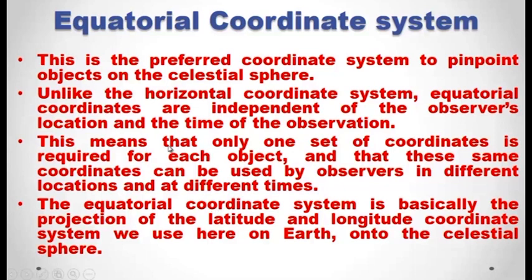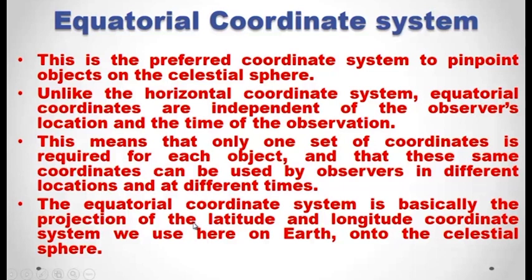It's a sphere with infinite radius. Unlike the horizontal coordinate system, equatorial coordinate systems are independent of the observer's location and the time of the observation. This means that only one set of coordinates is required for each object and that the same coordinates can be used by observers in different locations and at different times.